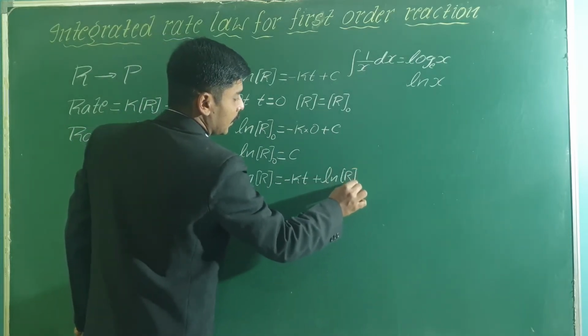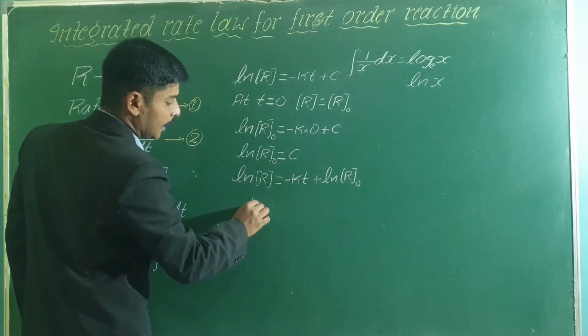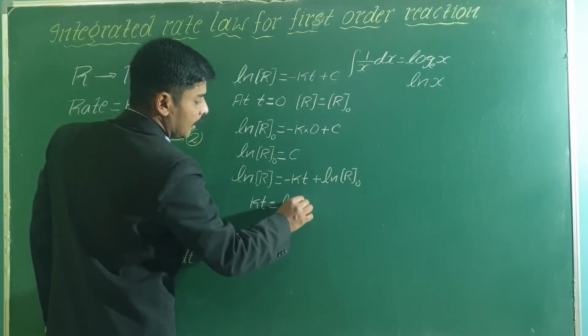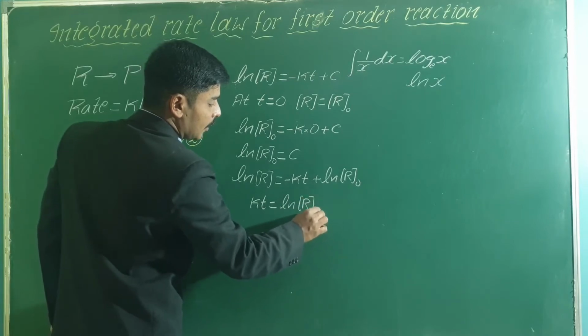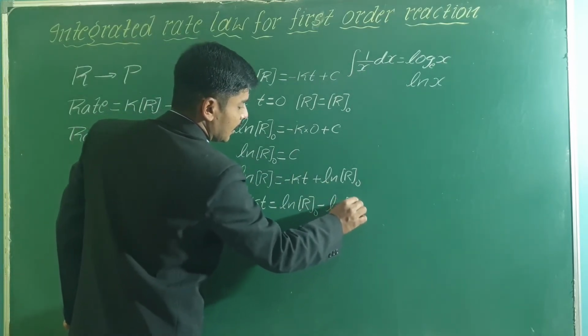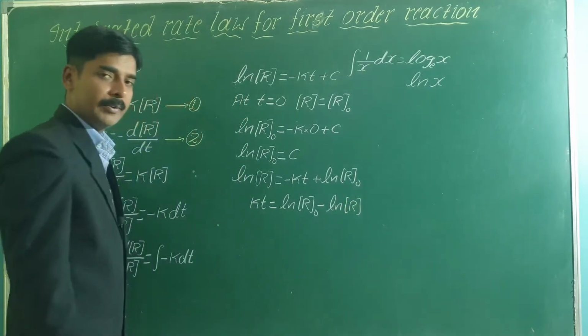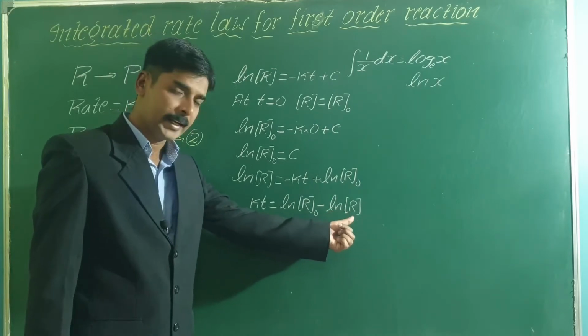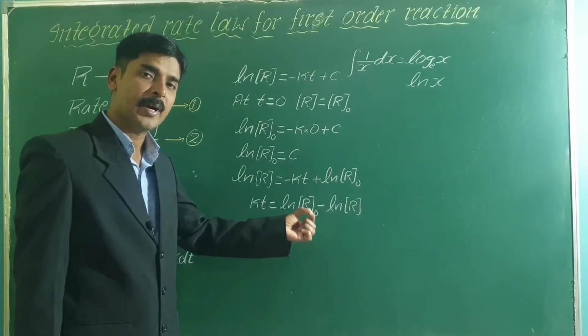Now we can write Kt is equal to ln R0 minus ln R. And we all know that log m minus log n is equal to log m by n.